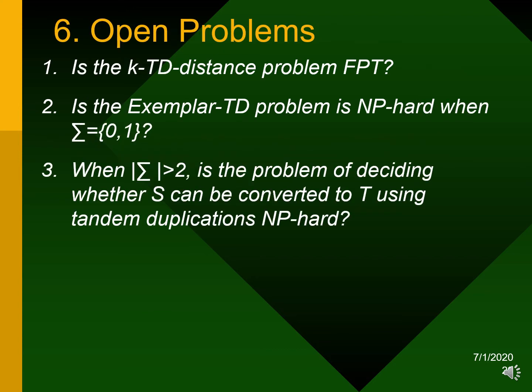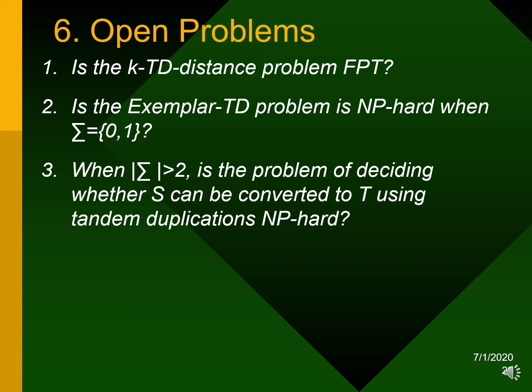So open problems. First one: is the general KTD distance problem FPT? In other words, if S is not a permutation, can we still show that the problem is fixed parameter tractable? Okay. The second one is, for a binary alphabet, is the exemplary TD problem still NP-hard?